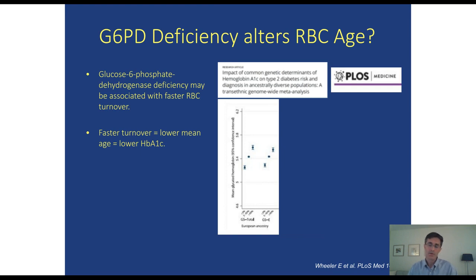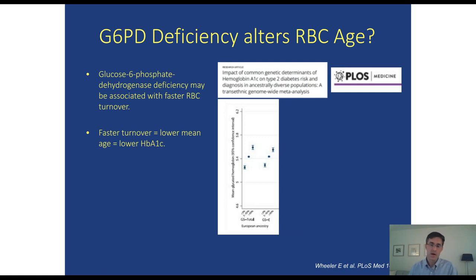Wheeler and colleagues showed in a large genetic study that individuals who had an enzyme variant for G6PD associated with higher red cell turnover tended to have lower A1c. So the leftmost points in the plot correspond to the individuals with this G6PD variant, and you can see that their A1c was lower than for the individuals who did not have that variant.